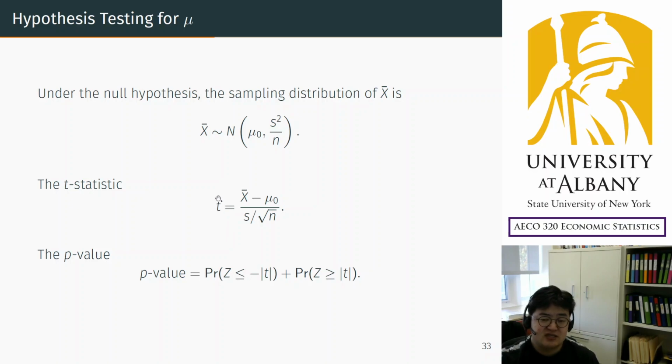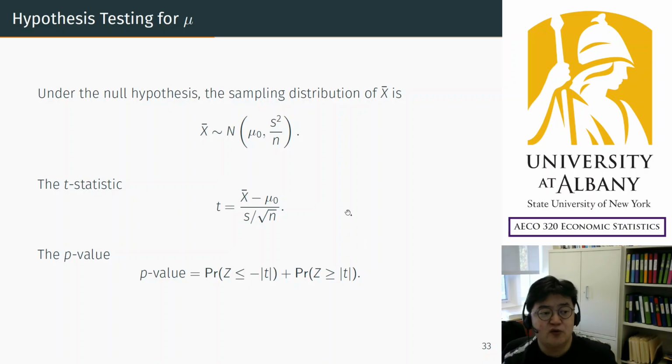This is the standardized sample average. And then based on your t-statistic, we calculate the p-value, which is the probability on the two-sided tails outside of your standardized t-statistic. So it can be written this way. This is the theoretical, general way, and in the end, what you calculate is this probability.